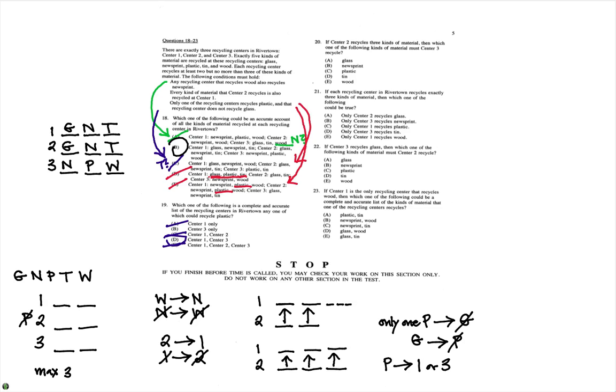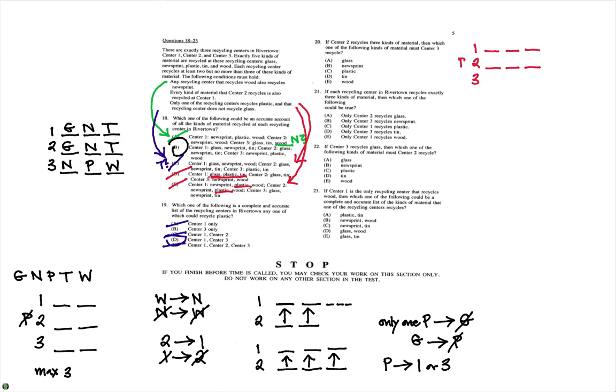Question 20. If center 2 recycles 3 kinds of material, then which of the following kinds of material must center 3 recycle? Well, we know that if center 2 recycles 3 kinds of material, center 1 is going to recycle those exact same kinds of material. Coming from the second rule, every kind of material that center 2 recycles is also recycled at center 1.